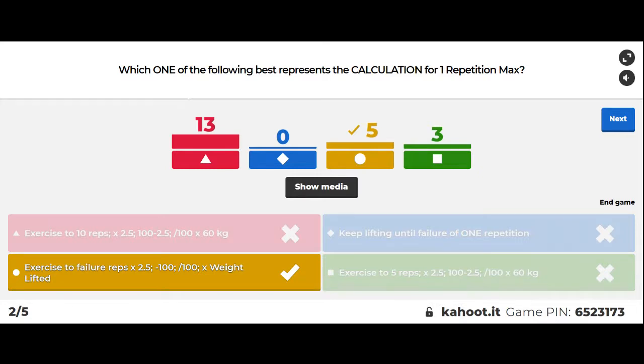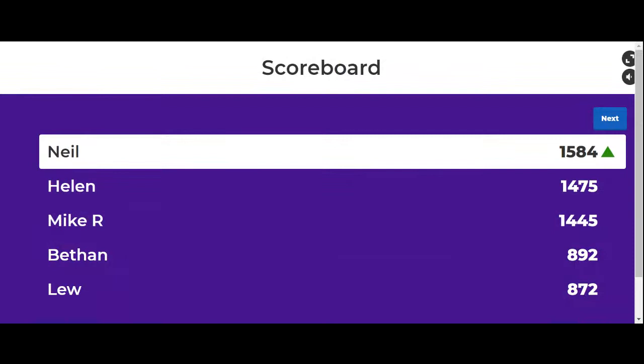So that was a trick question because I used the example of 60 kilos. So what you need to do is to go back to that 1 repetition max equation and have a look at that because there's a little bit of a misunderstanding there. 5 of you getting that right though. Okay, who's at the top? Neil rises to the top, then Helen, then Mike, then Bethan, then Lou.